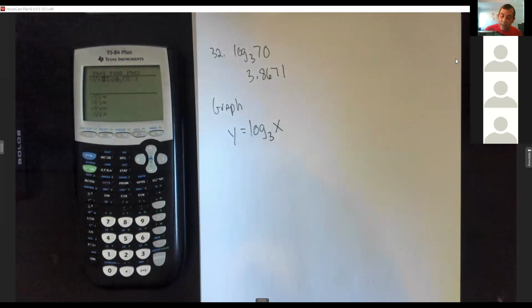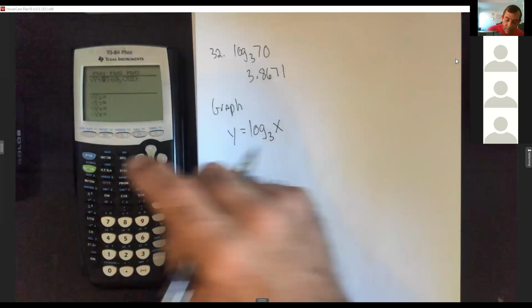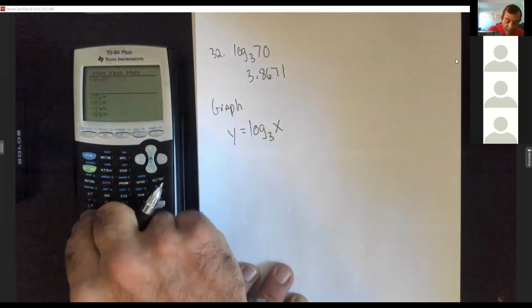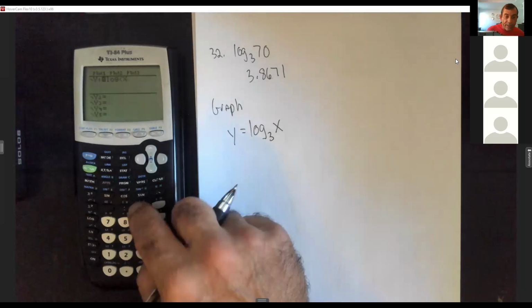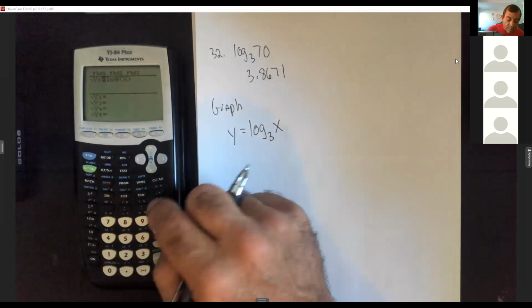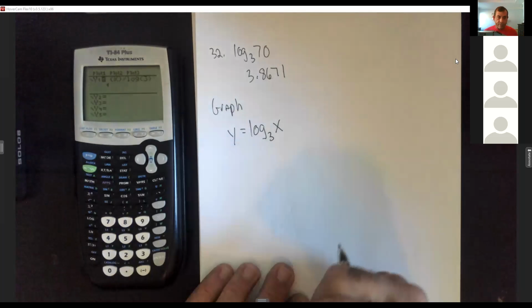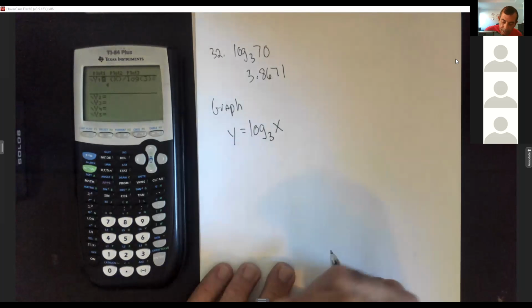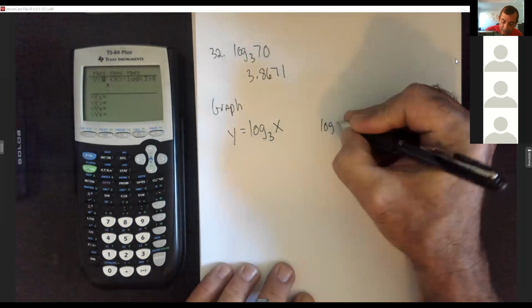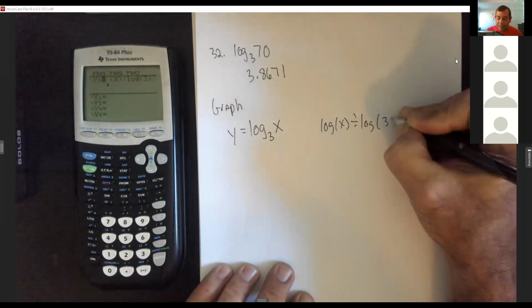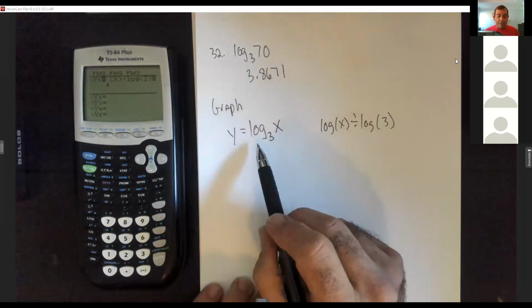So Carol, for you, we're going to clear that out. We're going to do change of base. So Carol, you would do the log of x, close those parentheses, divided by the log of 3. Okay, so Carol is doing log of x divided by log of 3. And then if you got the log base, you're using it that way.